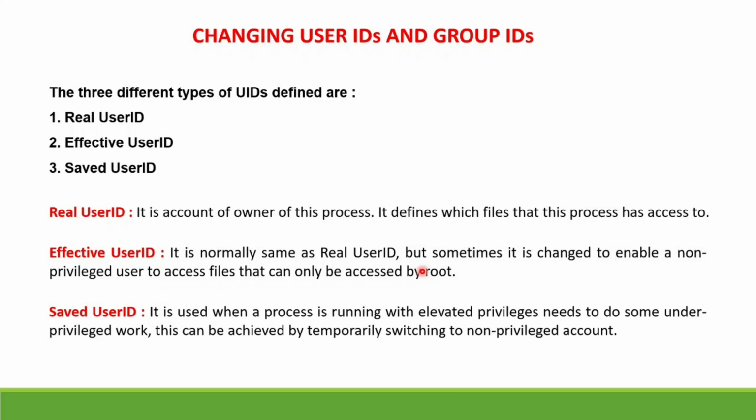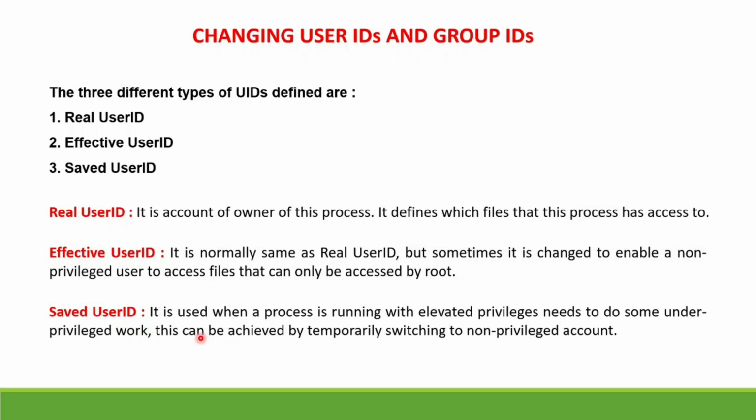So while performing this underprivileged work, the effective user ID is changed to some lower privilege value, and the EUID, that is nothing but the effective user ID, is saved to the saved set user ID, so that it can be used for switching back to the privileged account when the task is completed.